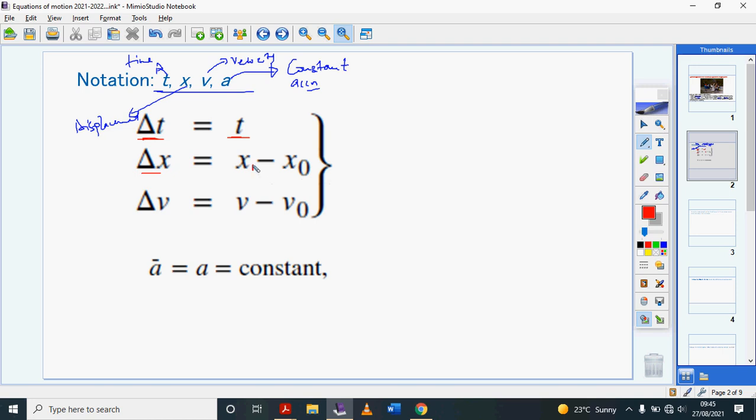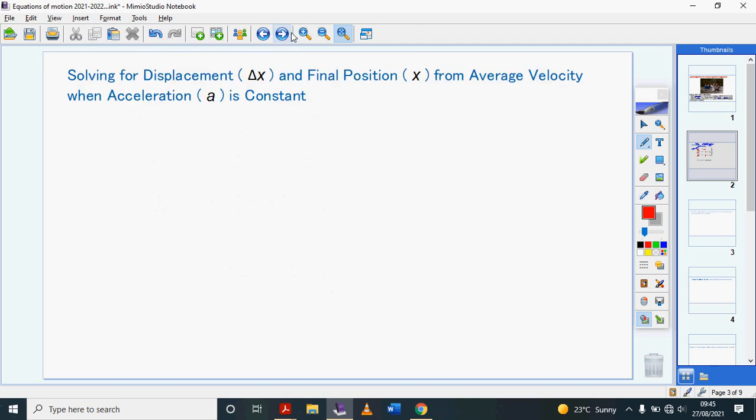This textbook does not use x1 because x is just considered final position, but for consistency, and because it's used a lot in the epiphysics notation, we are going to use x1 and x0. The change in velocity will be v1 minus v0. These are vector quantities, so they have the bars on top. Acceleration is constant, so we'll just represent it with a.